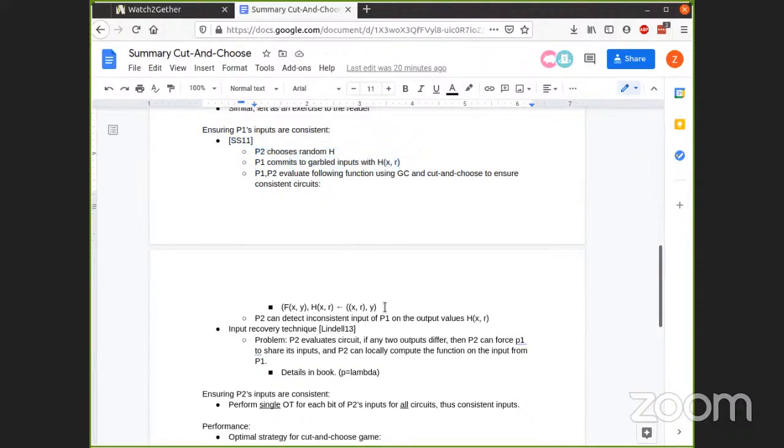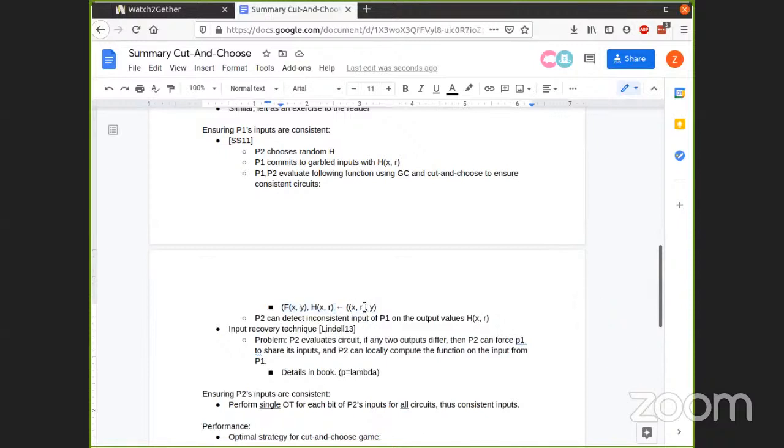And then both parties evaluate the garbled circuit using cut and choose to ensure that it's consistent, and they evaluate this garbled circuit that computes the function, but also the hash function within the circuit. So you have some bit of overhead as well. You augment the circuit with some additional thing just to check for consistency. Exactly.